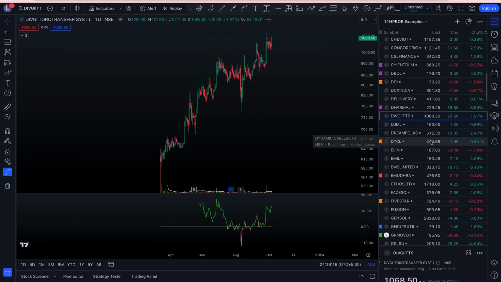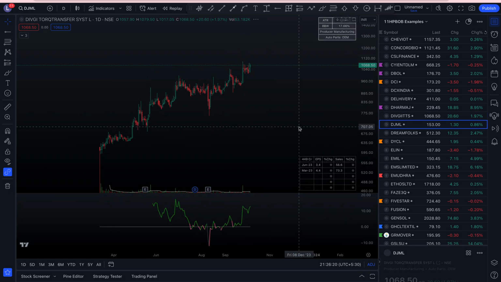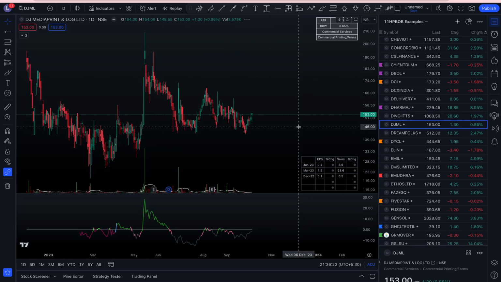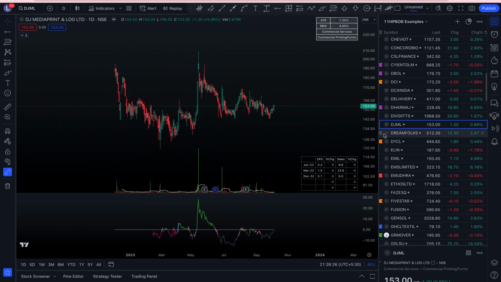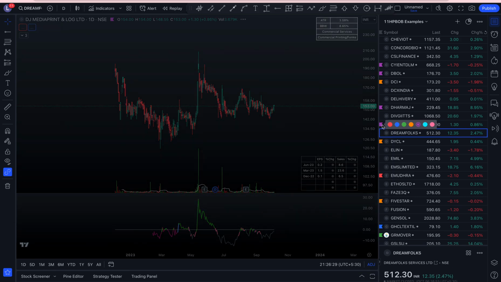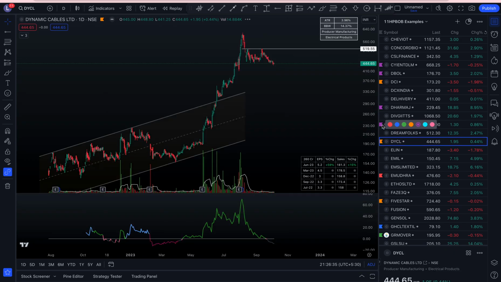So basically, why I wanted to do this is because IPO base breakout is actually one of the most lucrative setups to trade, and this is not something new that I conjured up.